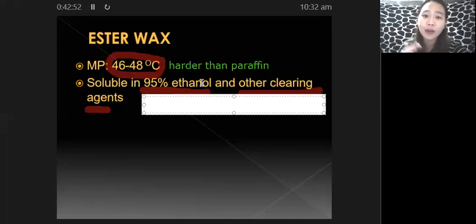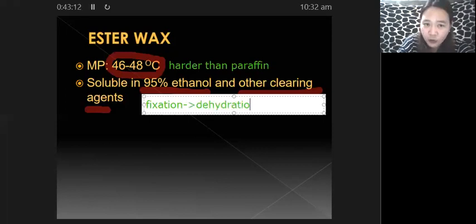But since your ester wax is already soluble in 95% ethanol, it is already compatible with your 95% ethanol. So you perform fixation, and after fixation, you perform dehydration.